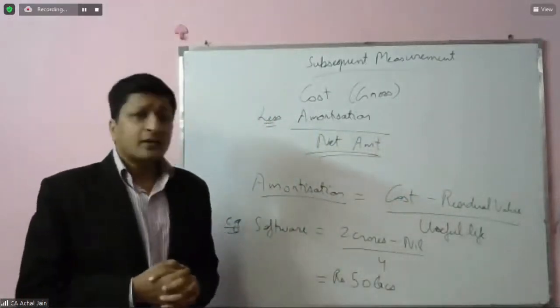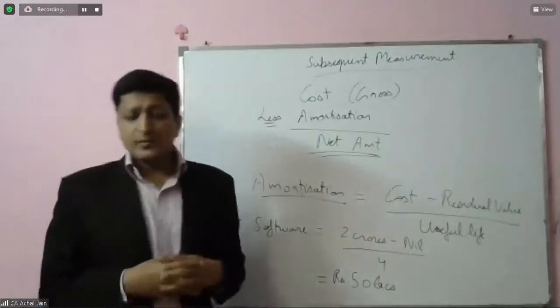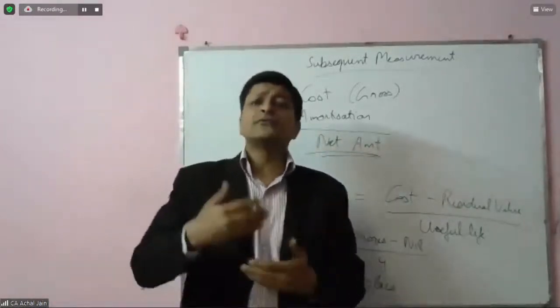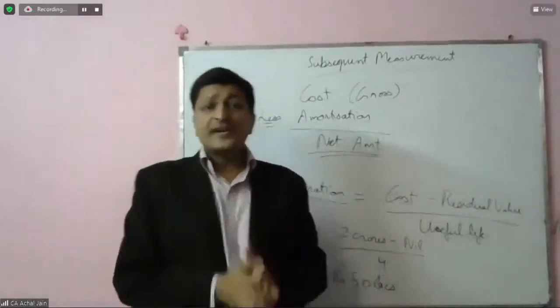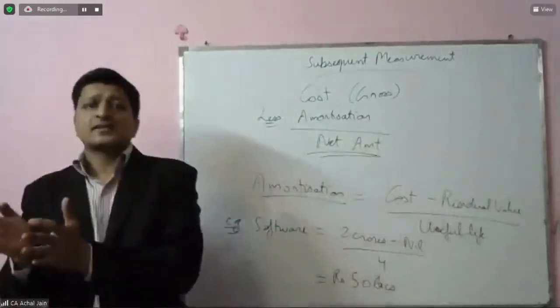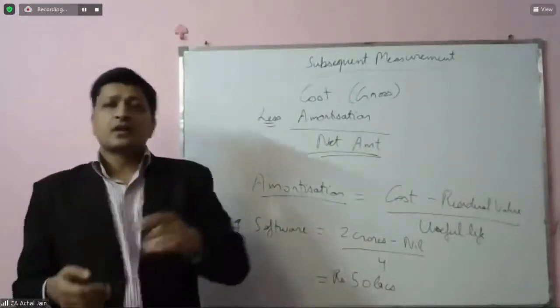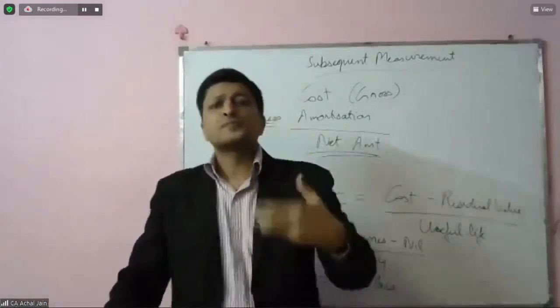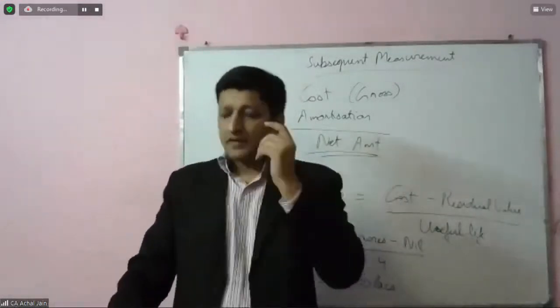They are required to be properly assessed by the management, and they are also required to be reviewed by the management. If at all any change takes place in these estimates, how will you deal with this? You will change it prospectively.